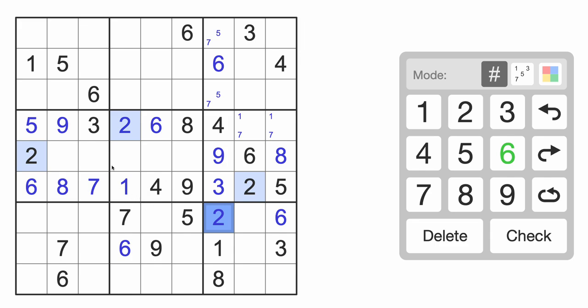Okay. Now, looking at row 2, and I think this is the key for today's Sudoku Hard.